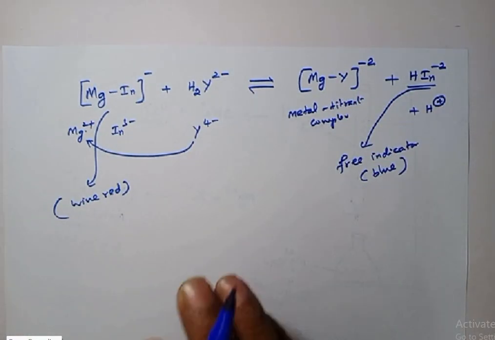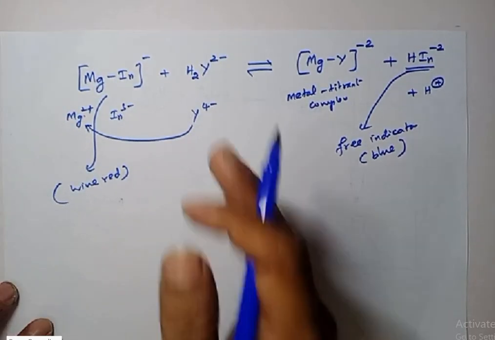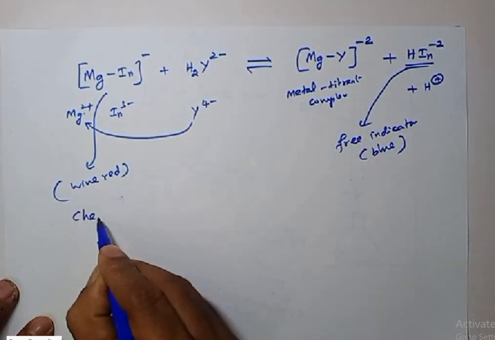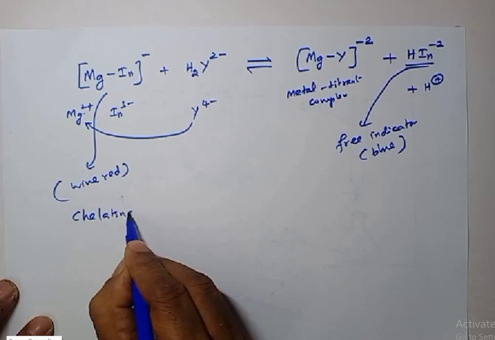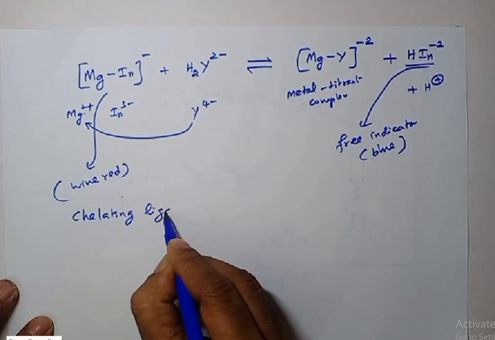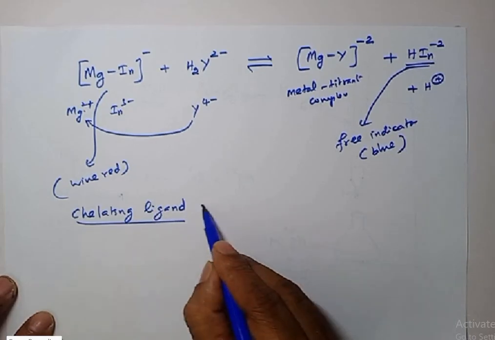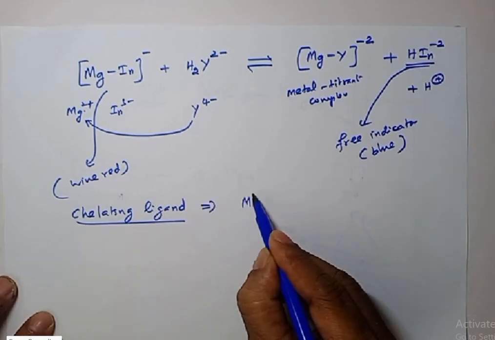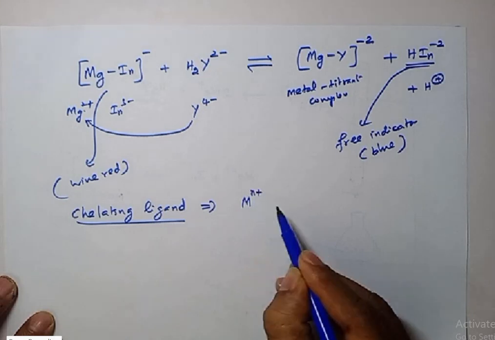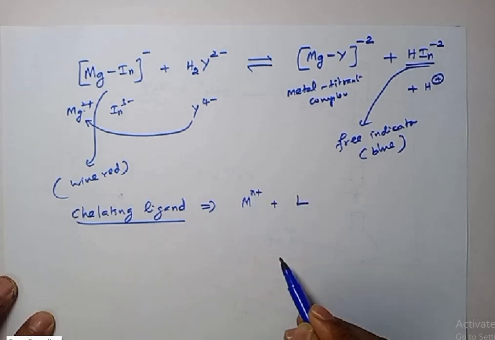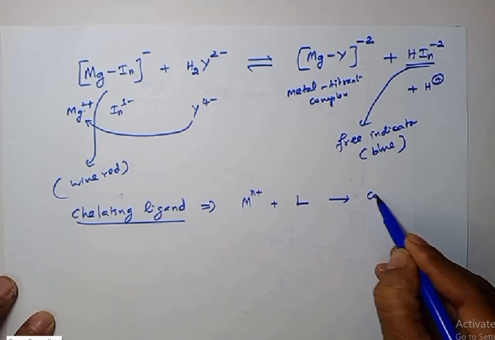Now listen, what is meant by chelating ligand? I used the word chelating ligand. Chelating ligands are very special. Why are they special? When metal ions combine with chelating ligands, it forms a complex.